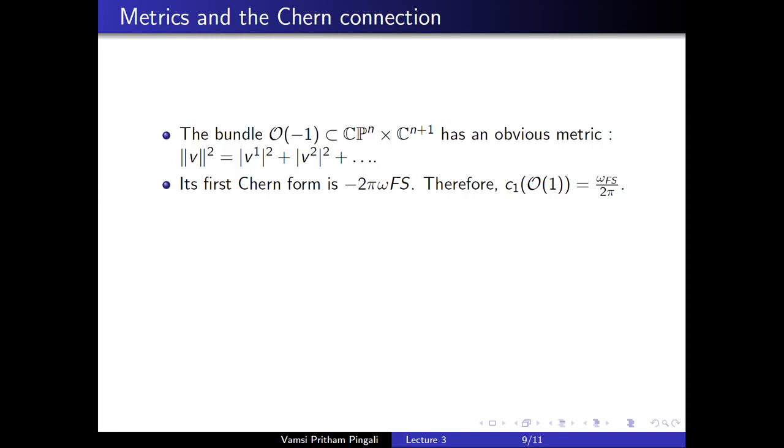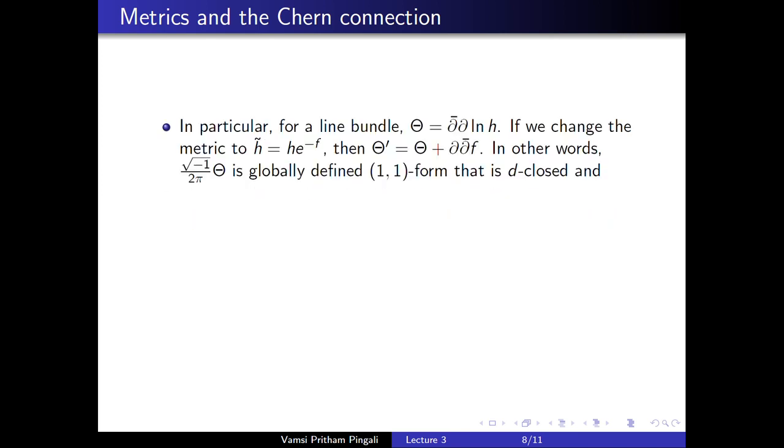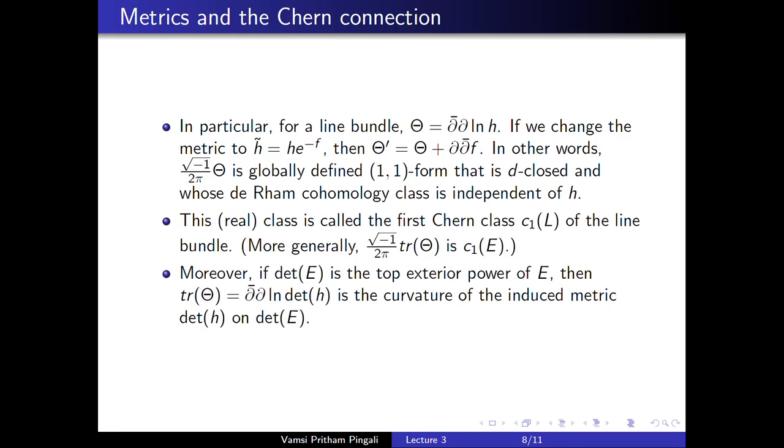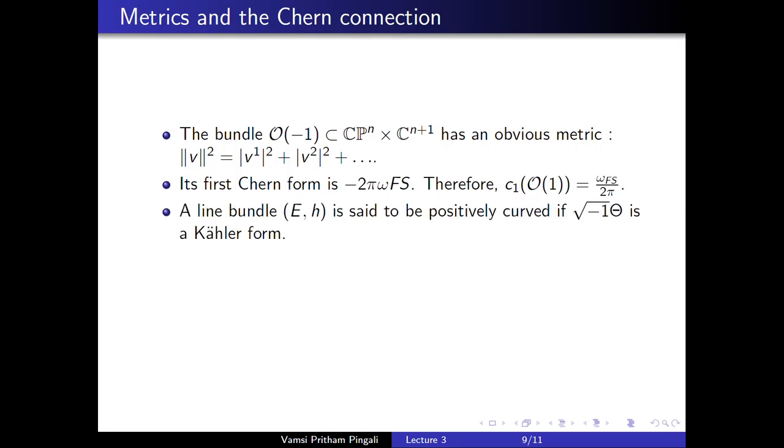Forget the factor. As promised, we know how to come up with a Fubini-Study metric on our own. It's simply the curvature of a very natural metric on a natural line bundle. This way of coming up with Kähler metrics motivates the following definition.